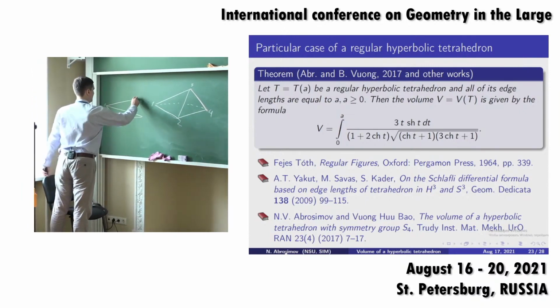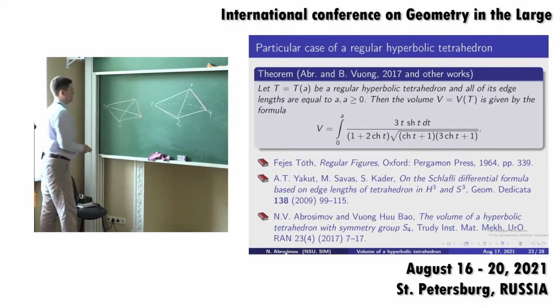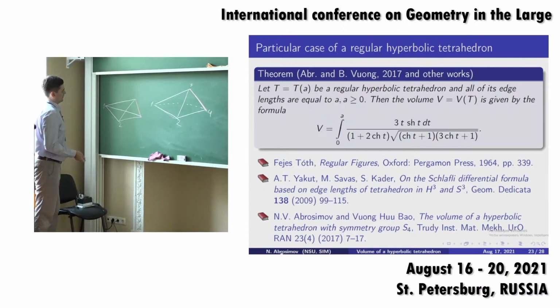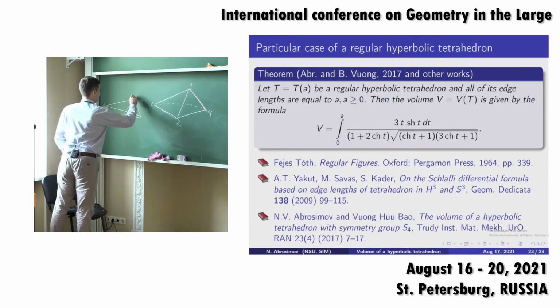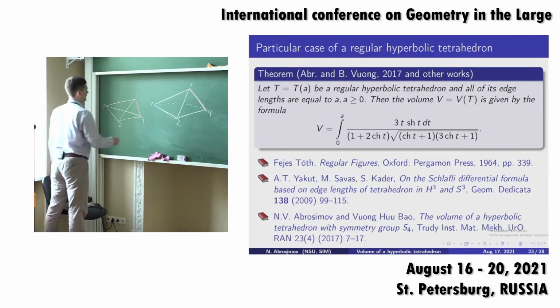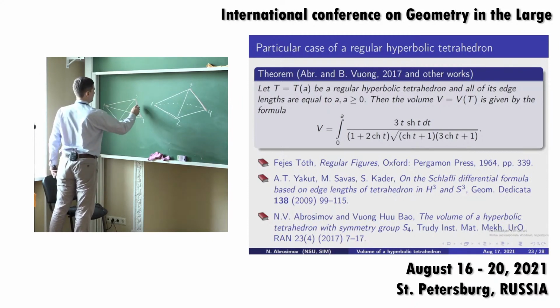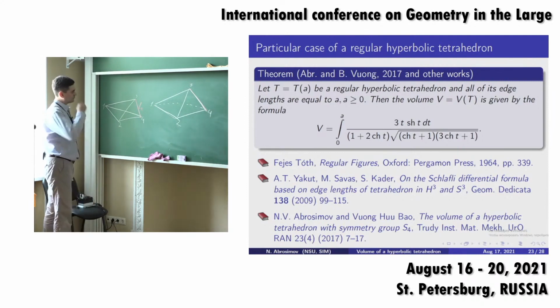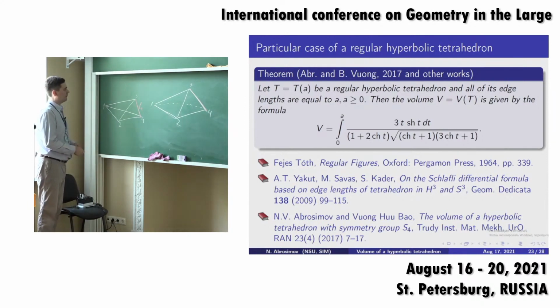And here is the minimal possible distance between vertices 3 and 4 in our flexible construction, right? We denoted it by L1 previously in the existence theorem.